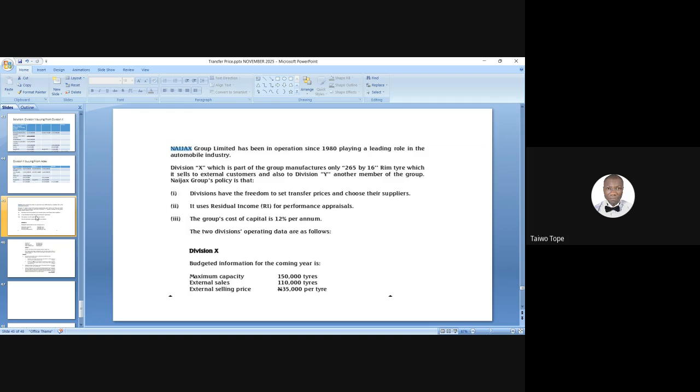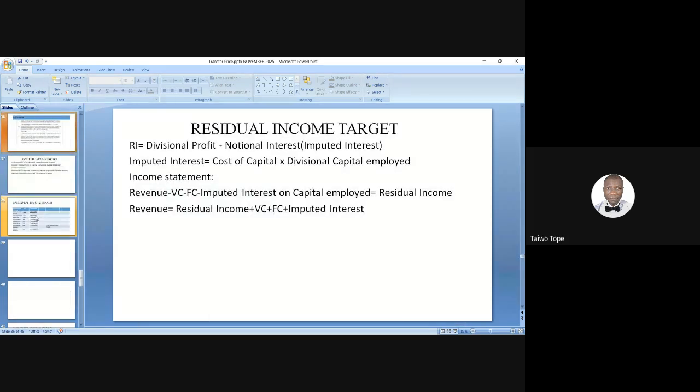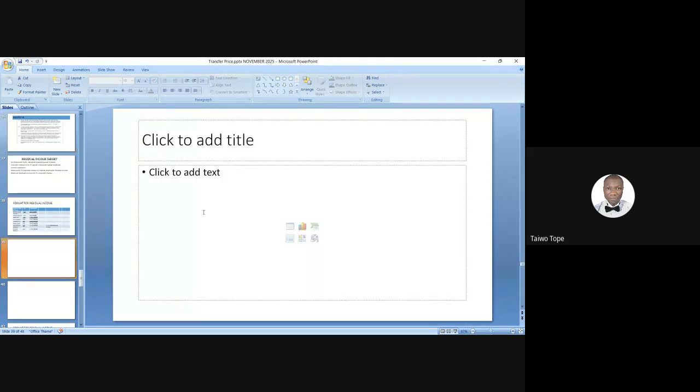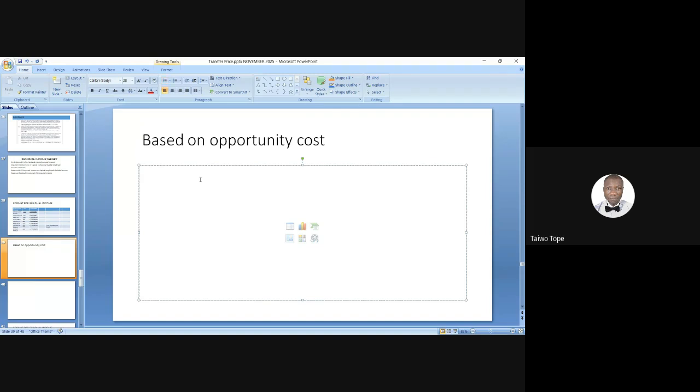Let me go and show all these stories. Selling price minus 35, based on opportunity cost. There are two prices. The maximum capacity is what? 150.